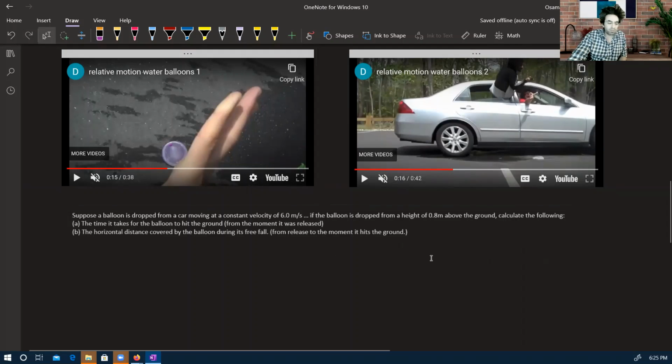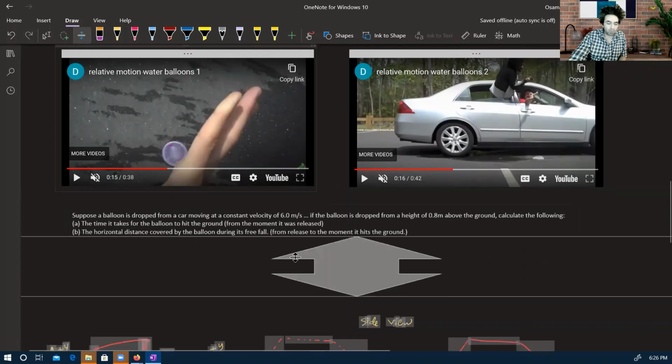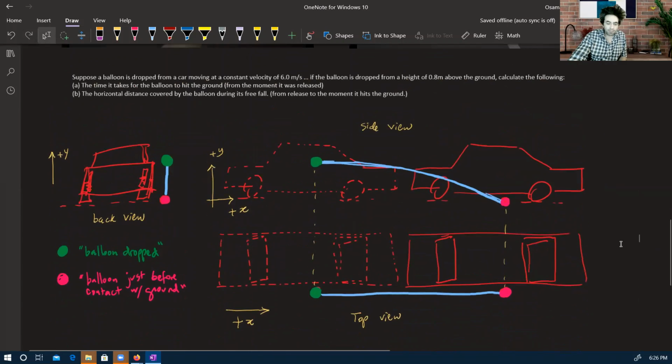And before we solve this problem, let's draw it and think about the segment of motion that we want to study and so on. So here's a view of what the motion looks like from 3 different views. Let's just look at the side view, and that's the one that you can see in the second video, right?